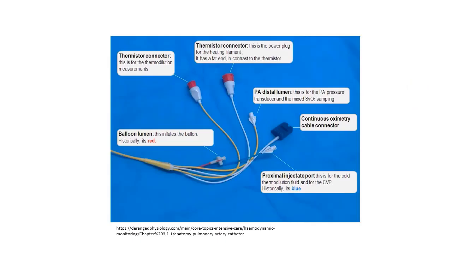You'll notice at Cooper we have a slightly different one, and these are all the ends of the one that we have at Cooper. What's important to know is this is the continuous cardiac output Swan-Ganz catheter.